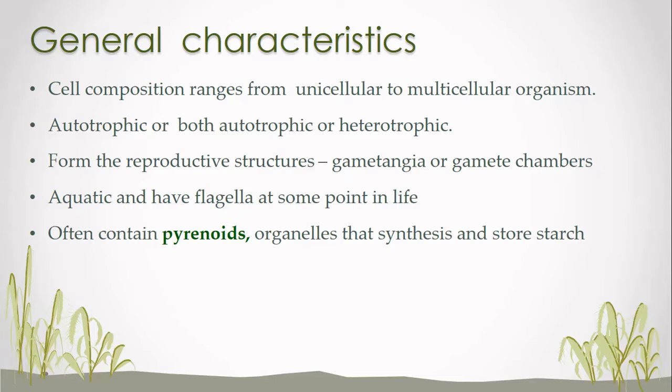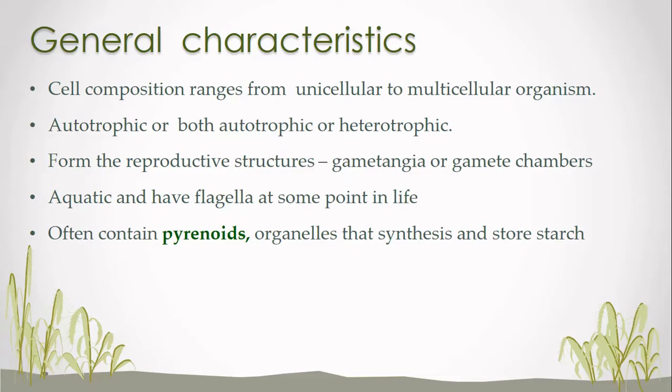Now, for reproductive structures, we call it gametangia, or this is a structure where the gametes are formed. Then they are more on aquatic. Some may have locomotory organs like flagella, cilia, and pseudopodia. Often contains pyrenoids.